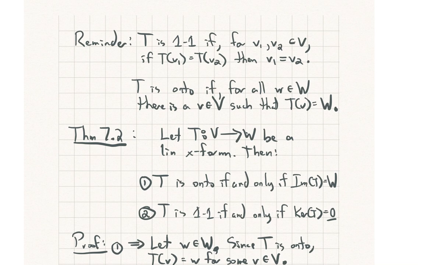The technical way you can think about it is if you know that the function sends v1 and v2 to the same element, that means that v1 and v2 must be the same element.